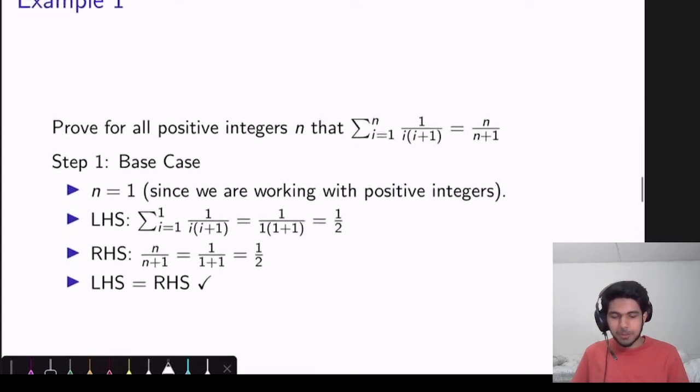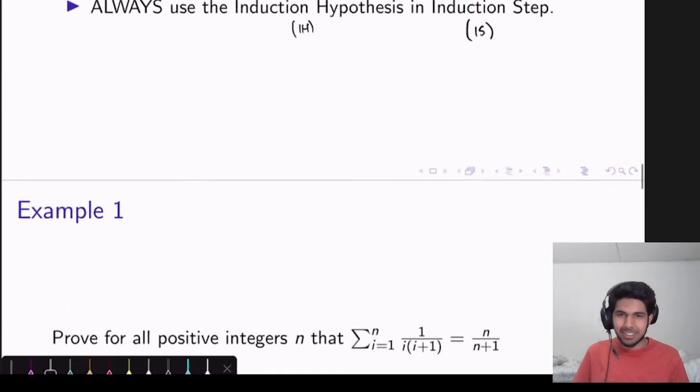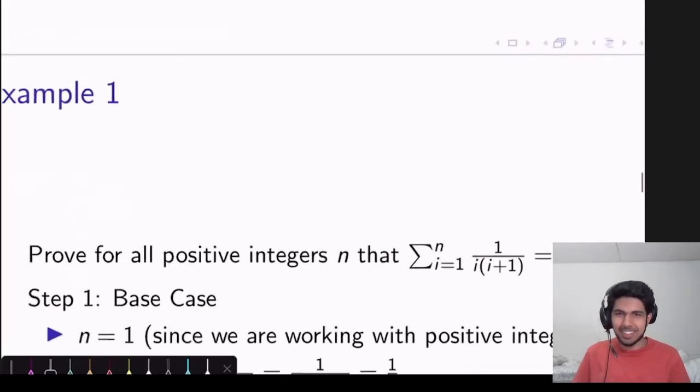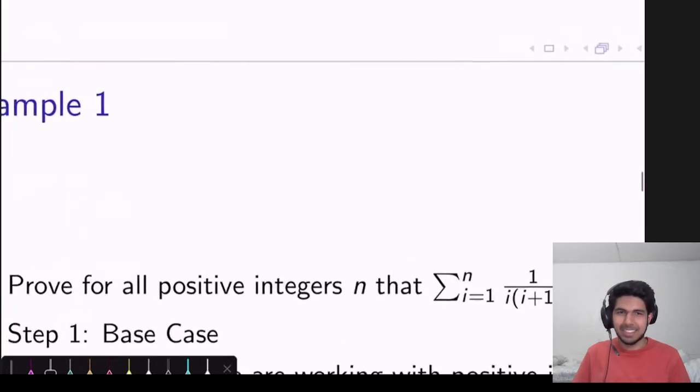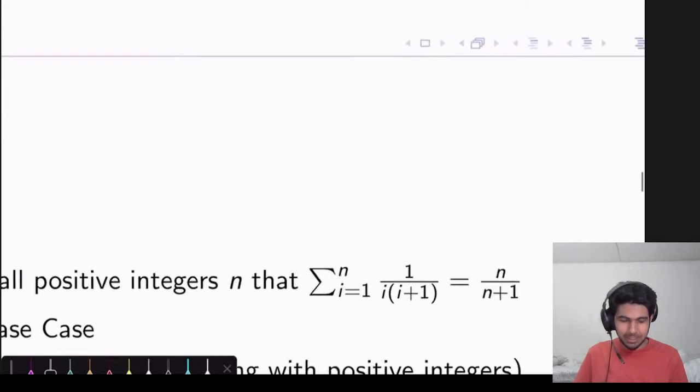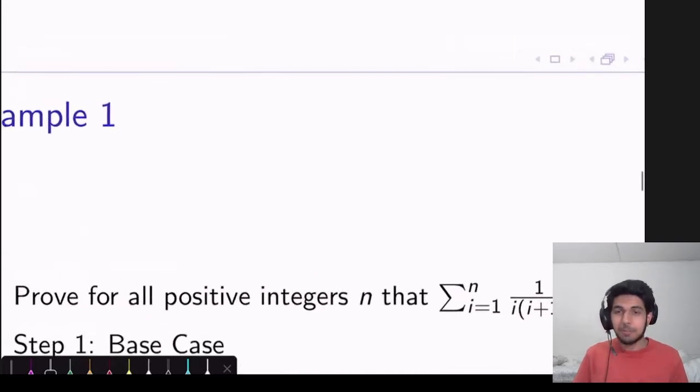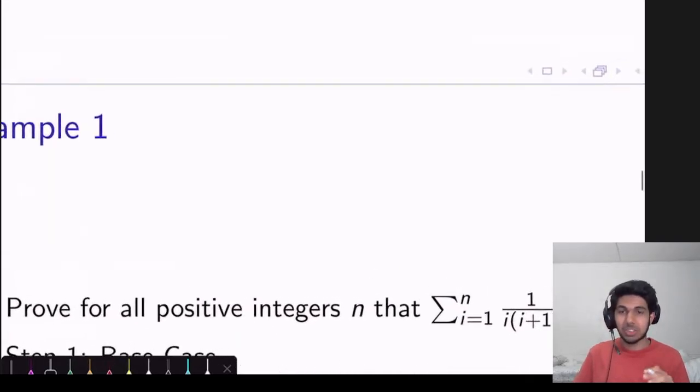We want to prove that for all positive integers n, the summation from i equals 1 to n of 1 over i times (i plus 1) equals n over n plus 1. Before we read the base case, let's think. We're given n, and we know we're in the positive integers.